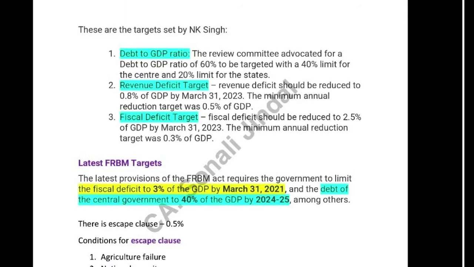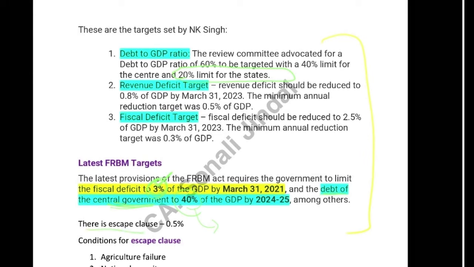So here are the latest targets of the fiscal deficit, revenue deficit and debt to GDP ratio in FRBM. For the fiscal deficit, the government needs to achieve around 3%, and debt to GDP of the central government is to be 20% and of the states around 20%.